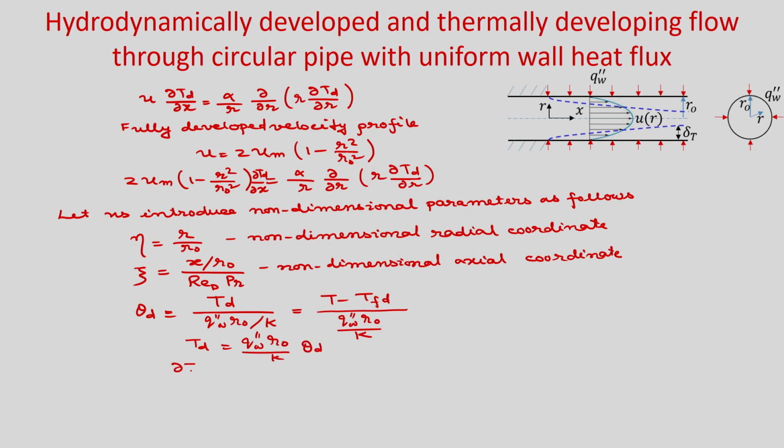So you can write ∂T_d/∂x as q_w'' r_0 by k ∂θ_d/∂x. You see θ_d is a function of both ζ and η. Then you can write this x coordinate in terms of ζ.